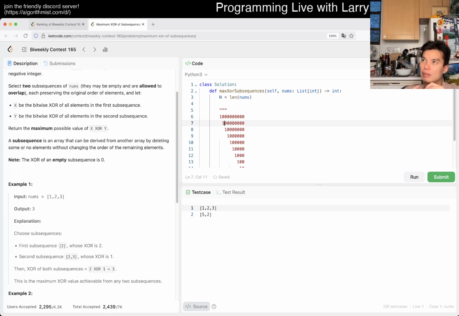Question is, can you be greedy and then not, right? No, I don't think so, because of the pigeonhole principle.